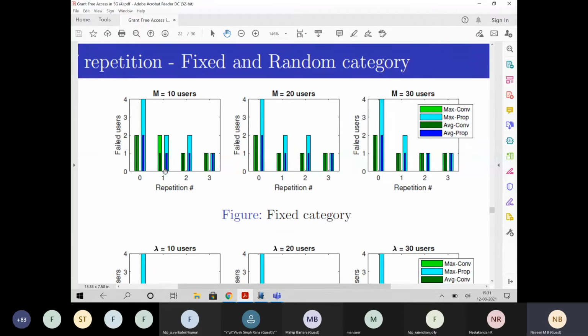But the moment we introduced one repetition, see, the number of failed users got capped to 2. And with more and more repetitions, the number of failed users got capped to 1, which is the same as the conventional method. Then we told, see, our method is superior because if you use our method with repetition, we give you the same performance as the conventional method, and we also consume very few preambles compared to others.